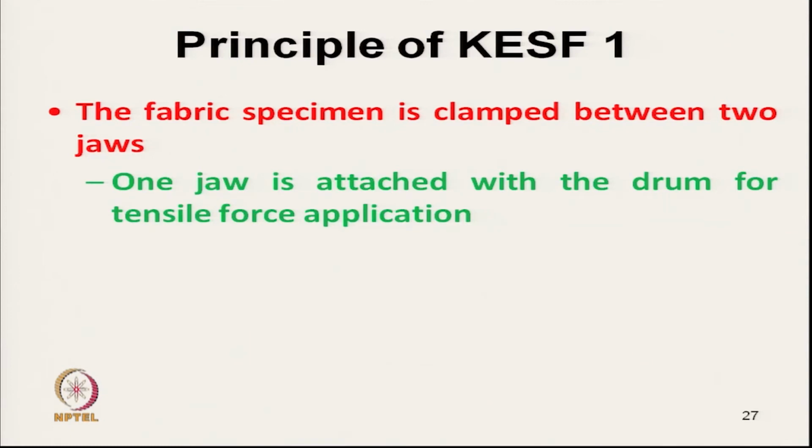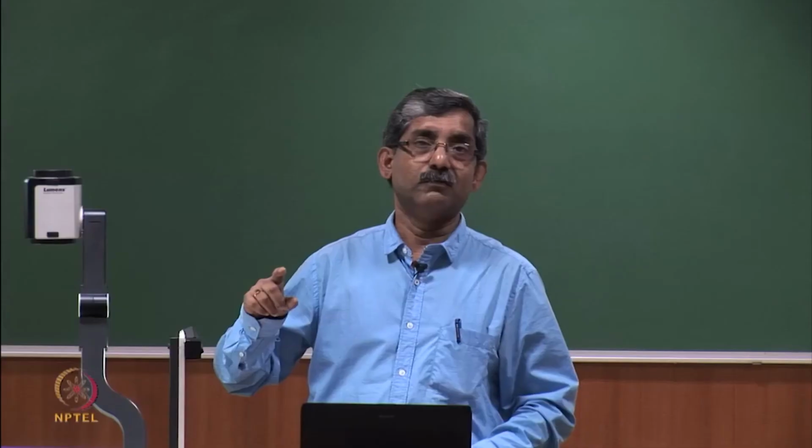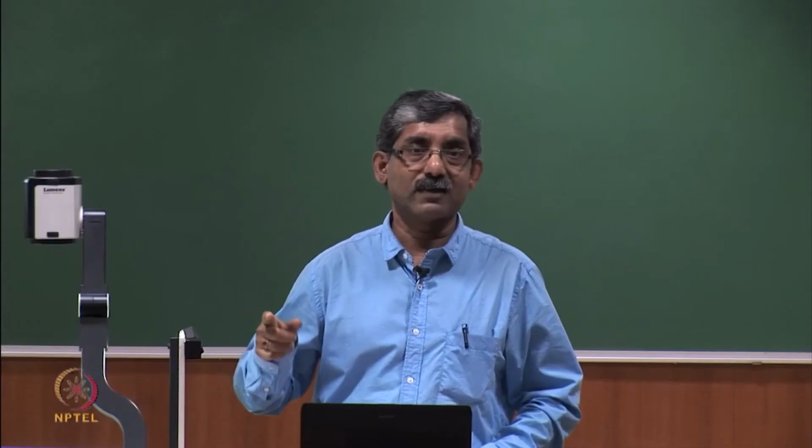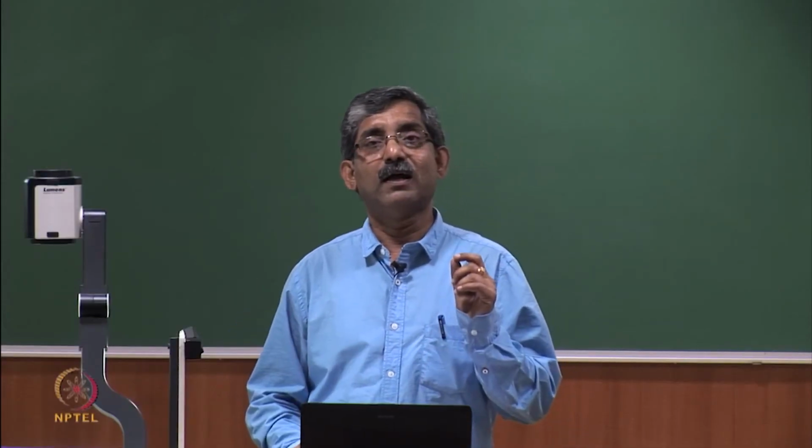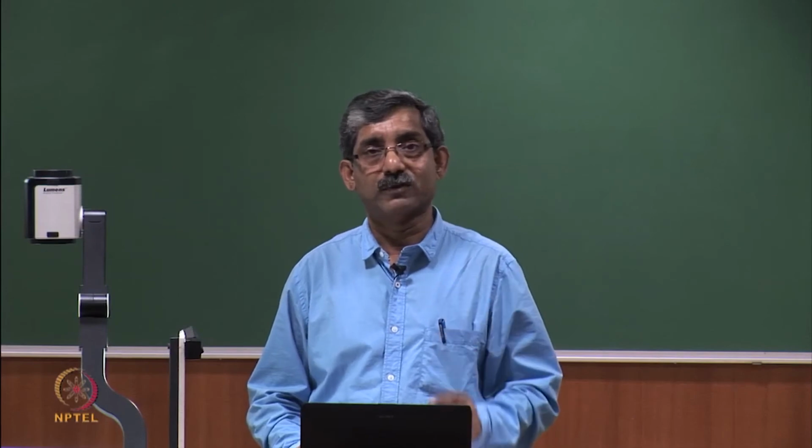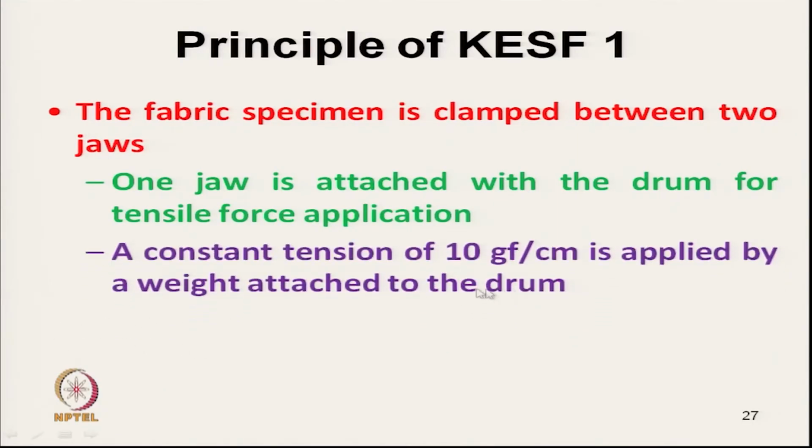One jaw is attached to the drum for measurement of tensile force. The drum will rotate, and as it rotates it will apply the force. A constant tension of 10 gram force per centimeter is applied by a weight which is attached to the drum.